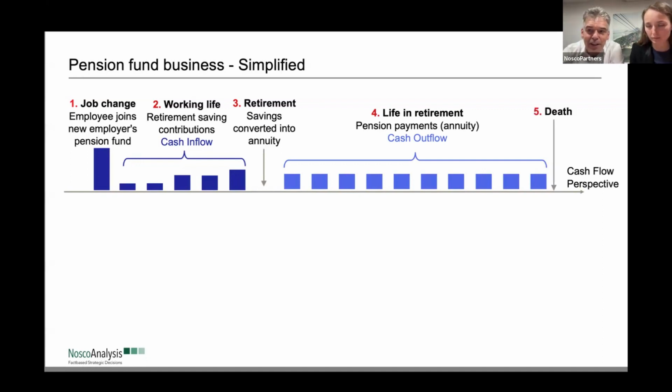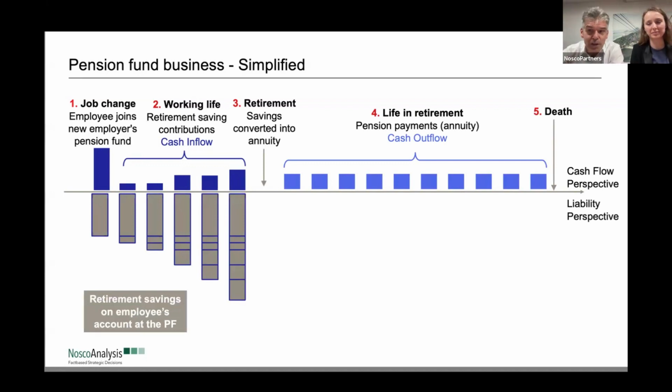Now, how does this look from the viewpoint of the pension fund? What is important is that these savings, the retirement savings, are still the money of the employee. So the employee kind of grants a loan to the pension fund, and the pension fund will also have to pay interest on that loan.